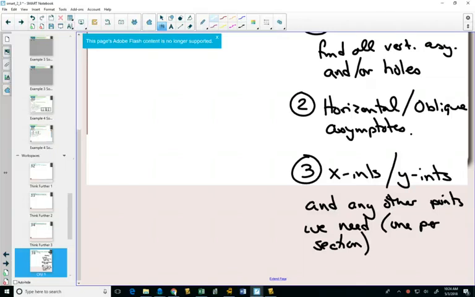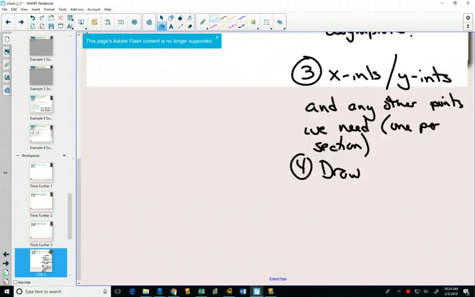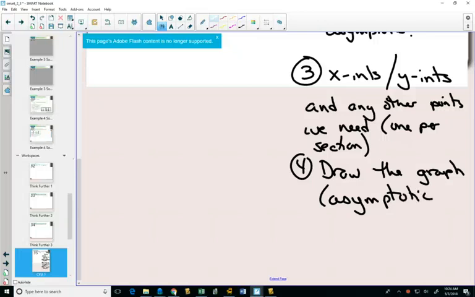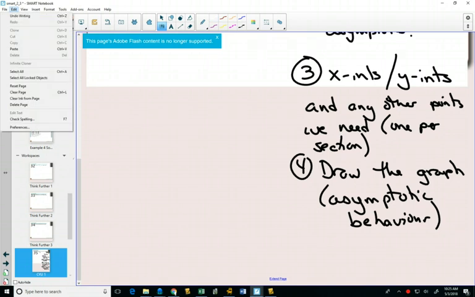So we're going to need to add some points. So step 1 and 2 are about drawing your asymptotes. Step 3 is about points. And then once you've done that, you'll have enough information to draw the graph, which can show the asymptotic behavior. And we'll talk about what that means. So, there's our steps.